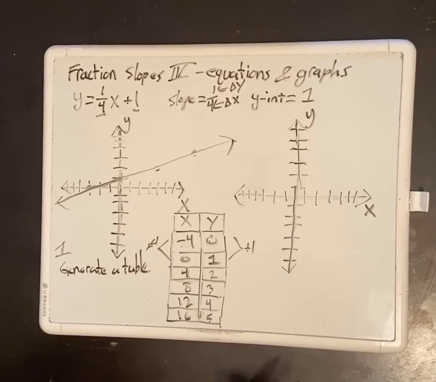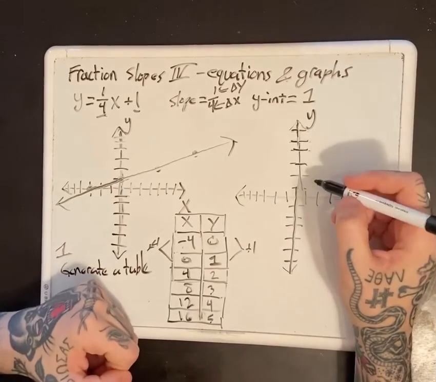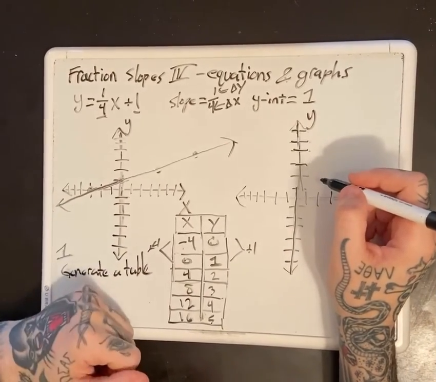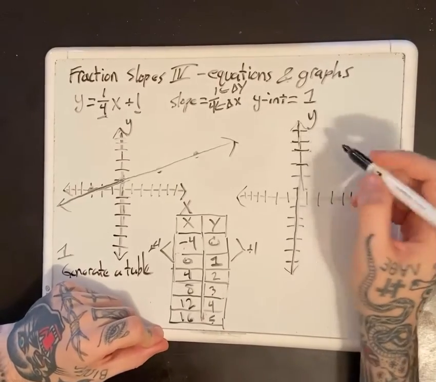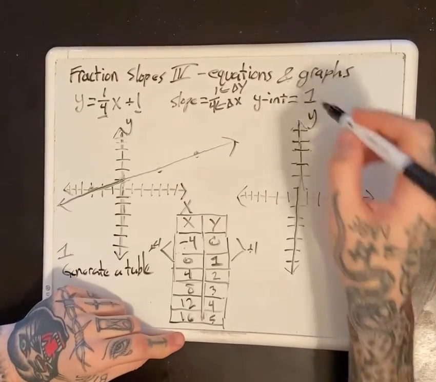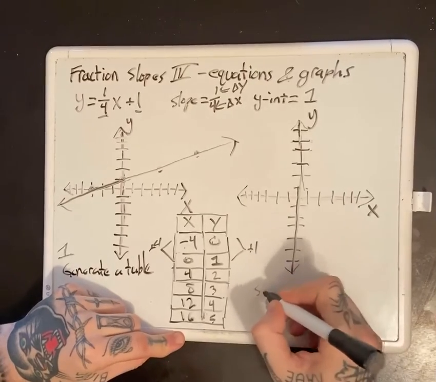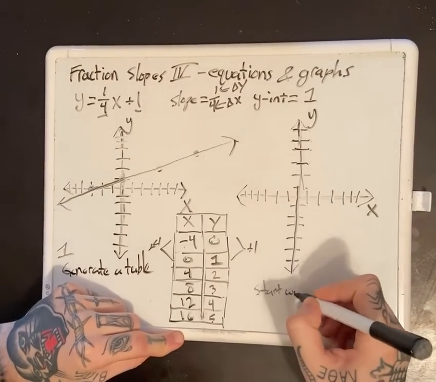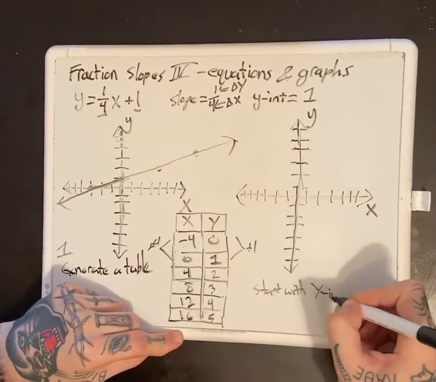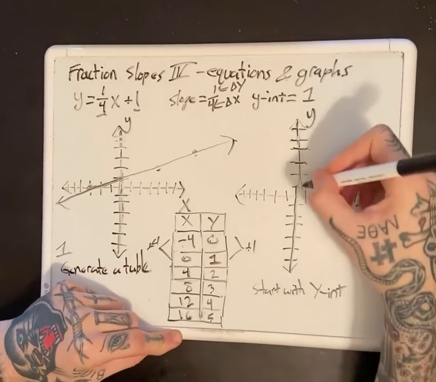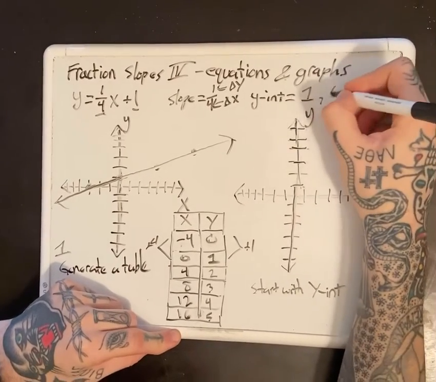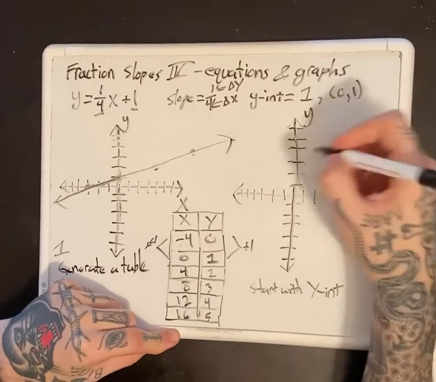But did we need to generate the table? So the second way is we're just going to start with the y-intercept, okay? So we already know it's 1 or 0, 1.